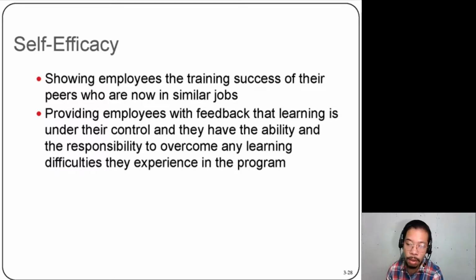So this is more on the accountability aspect. It's giving the trainees and the employees the autonomy that they have the capacity to overcome challenges, and they are in control: the learning and the processing of information is in their hands, and of course, the success of completing the training is in their hands as well. So it's more on empowering the employees and the trainees.